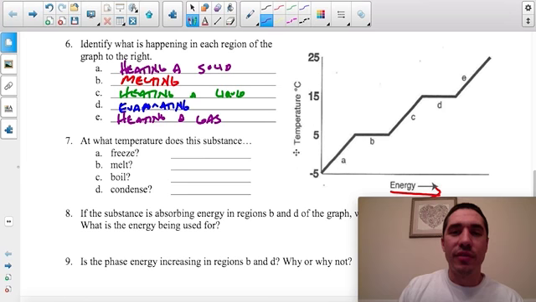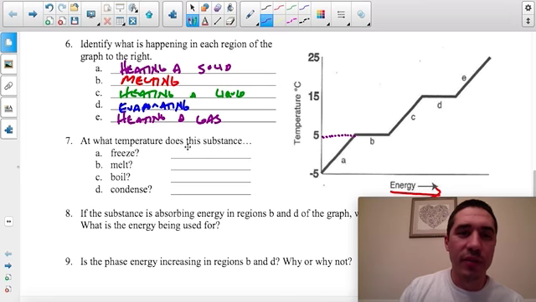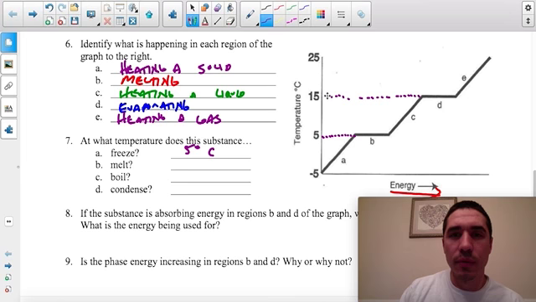Okay, so now it asks us a couple more questions. At what temperature does this substance freeze? Well, it freezes right here where this plateau is. So that looks like it's approximately 5 degrees Celsius. And then where it boils would be right here, where D is. Looks like it's about 15 degrees Celsius.